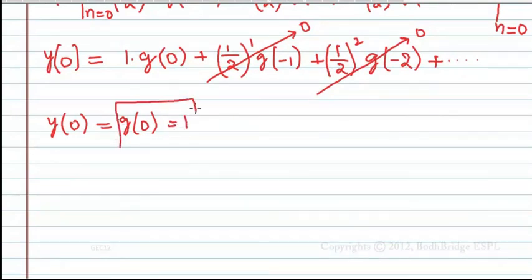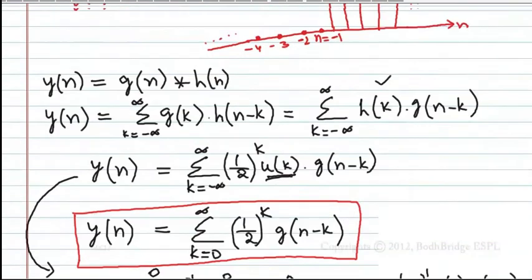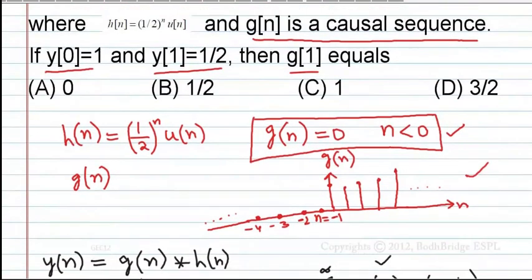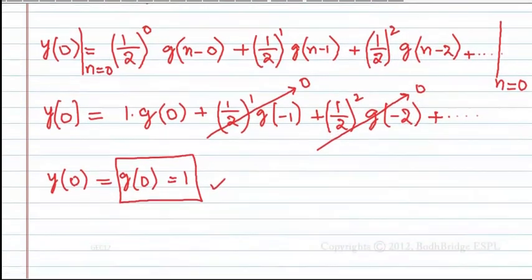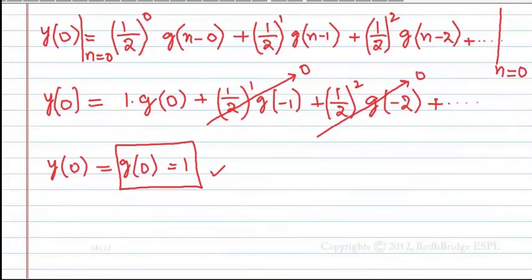This is our first result. Now he has given y of 1 is equal to 1 by 2. That we should use. We ultimately want g of 1. What is y of 1? That is n equal to 1.